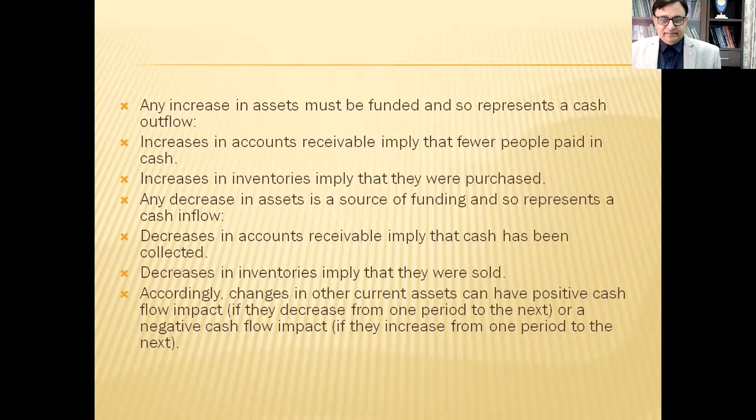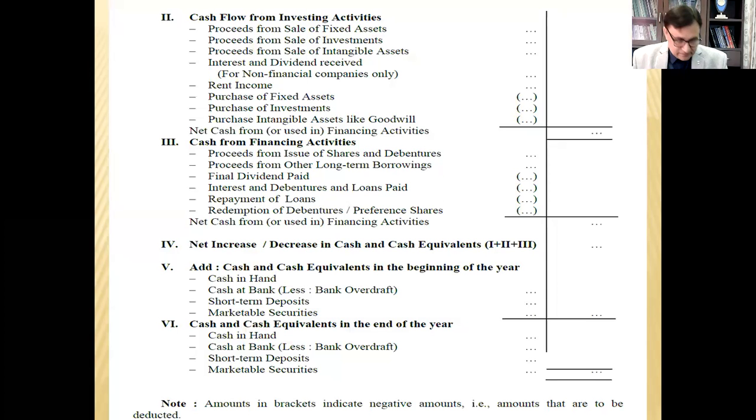A decrease in inventory implies that it was sold. Accordingly, changes in other current assets can have a positive cash flow impact if they decrease from one period to the next, or a negative cash flow impact if they increase. This is the overall scenario which we must consider while preparing the cash from operating activities.